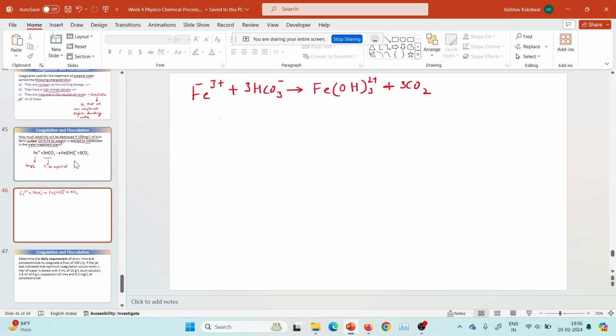So the iron is present at 100 milligram per liter, and whatever is given I am writing: 100 milligram per liter as bulk ferric sulfate, and it is 20% by weight.